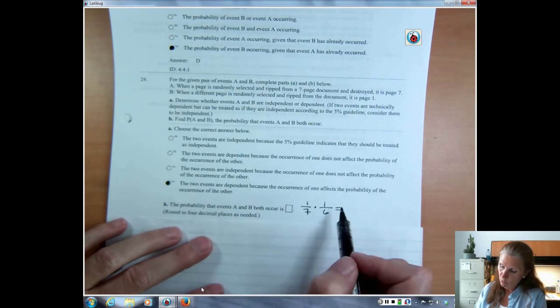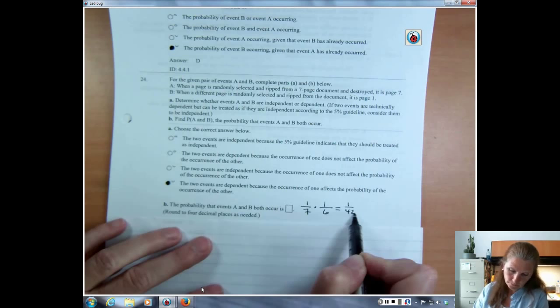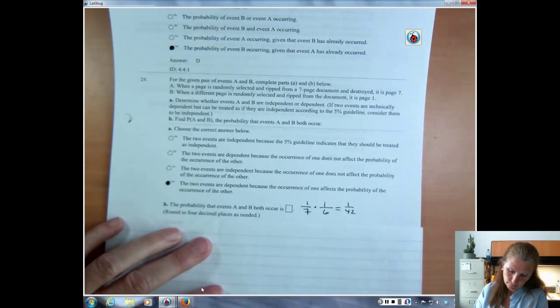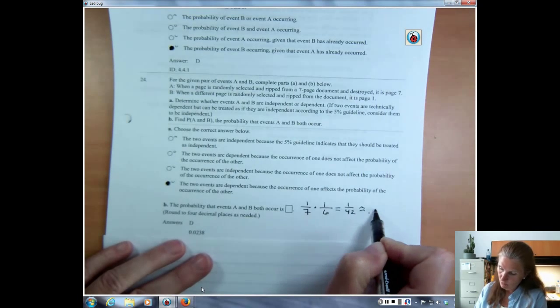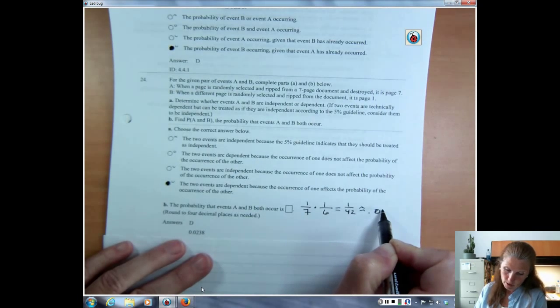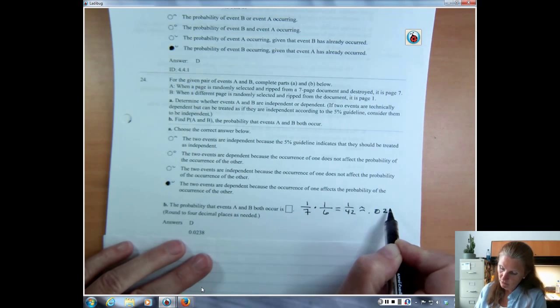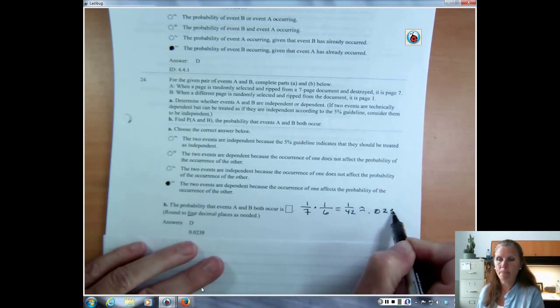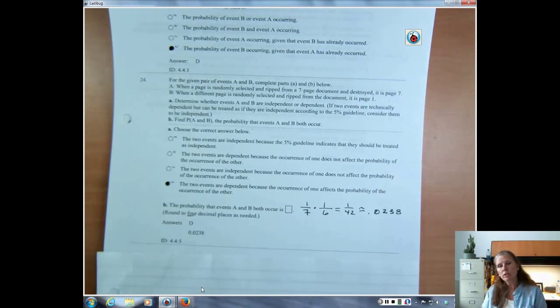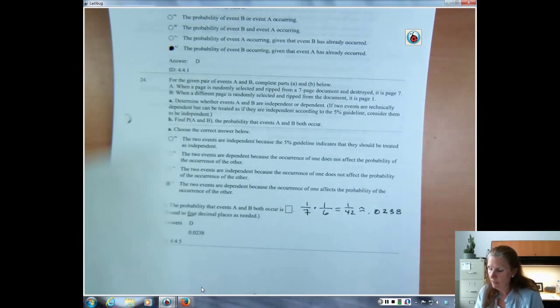So that looks like 1/42 to me, and that's 0.0238 approximately. This one they wanted 4 places out. Okay, 0.0238.